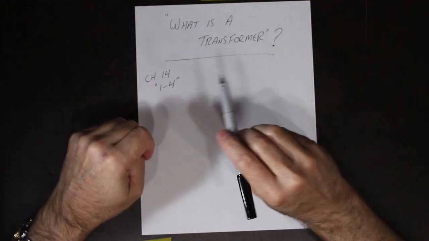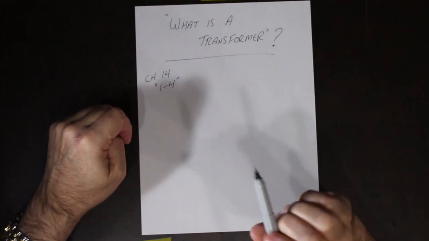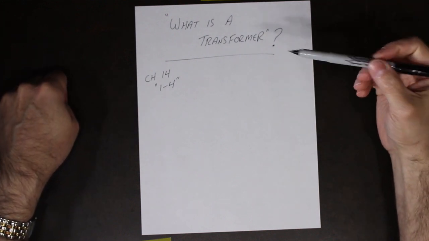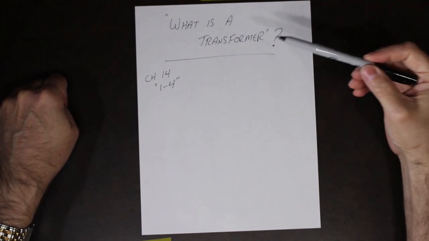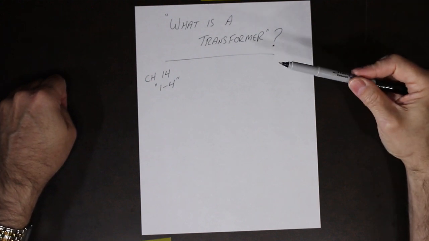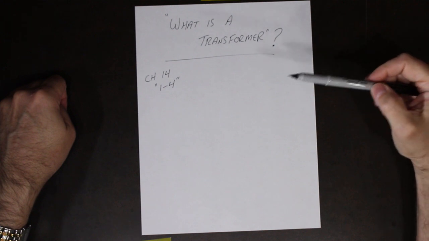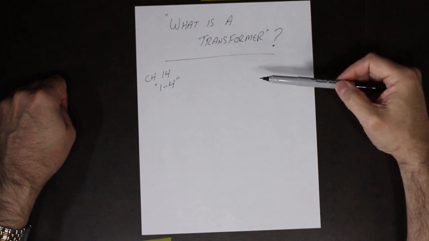By definition, a transformer is a machine. It's a machine because it actually does a job. So a transformer is a machine whose job it is to convert one value of electrical energy into another value of electrical energy.